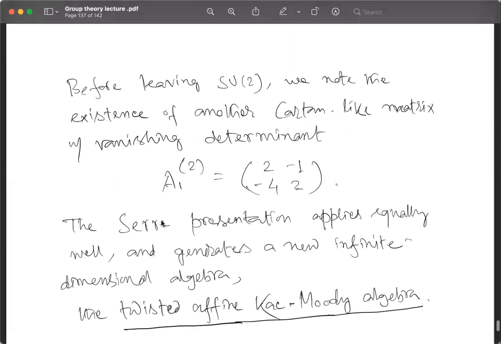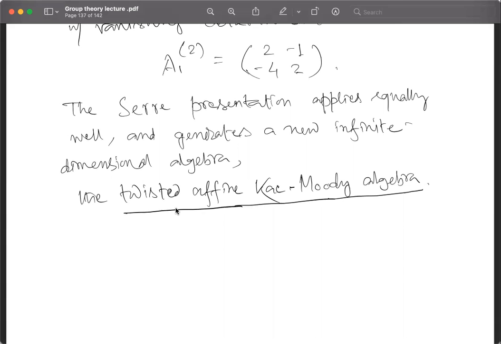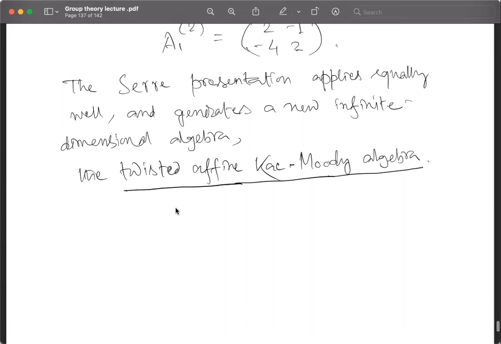Now, if you do that before leaving SU2, we note the existence of another Cartan-like matrix, which has a Hessian determinant, right? Which is A12 equals 2, minus 1, minus 4, 2. So the Serre presentation actually applies equally well and generates a new infinite dimensional algebra, which is the twisted affine Kac-Moody algebra.